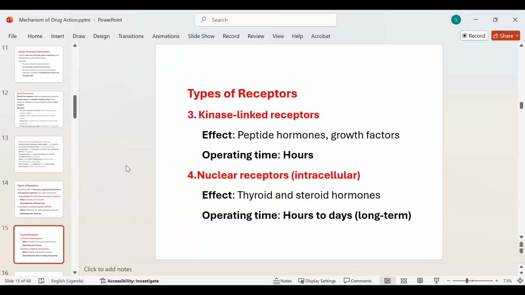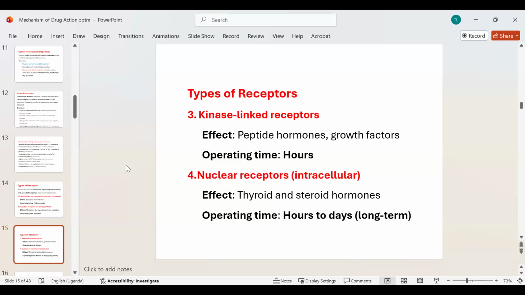The nuclear receptors, you might think that they are all in the nucleus. Some of them are in the cytosol of the cell. They are not directly in the nucleus. So they bind the ligand in the cytosol. After binding, they move to the nucleus, some of them. Others have their binding sites in the nucleus, usually on the DNA.